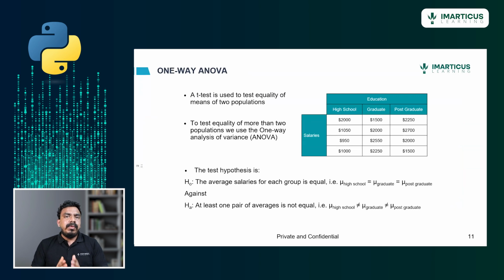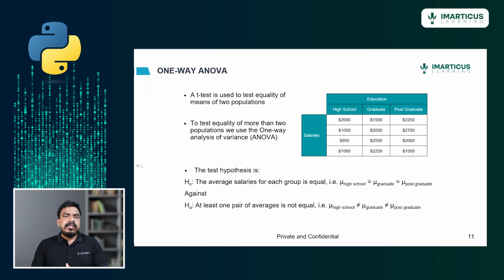What will be your null hypothesis and alternative hypothesis for this? Your null hypothesis states that the average salary for each group is equal. That means the average salary of the high school person, the average salary of the graduate and the average salary of the postgraduate are the same.